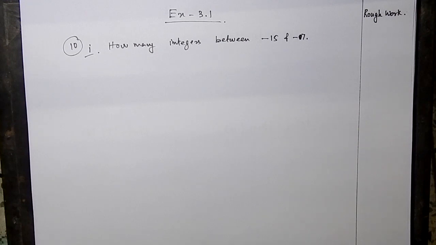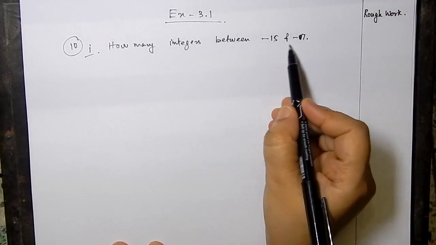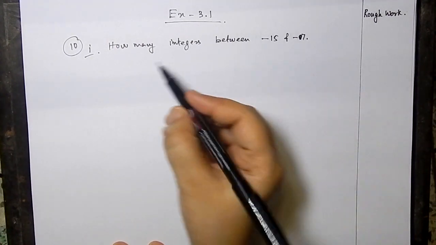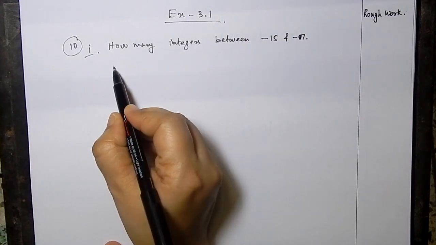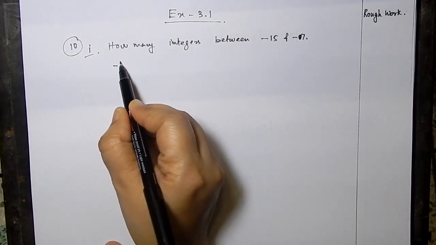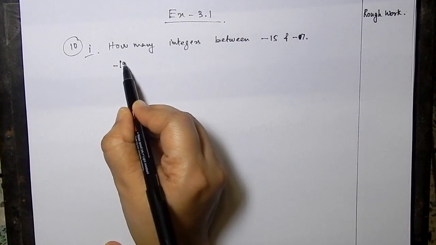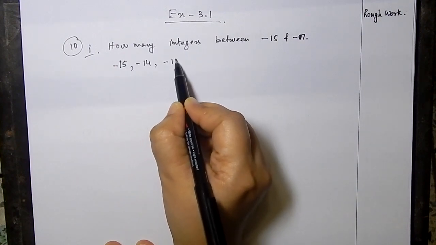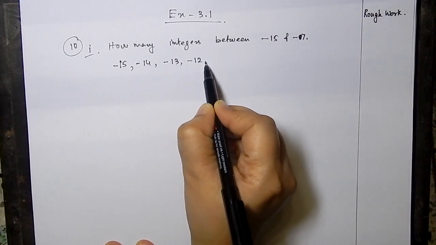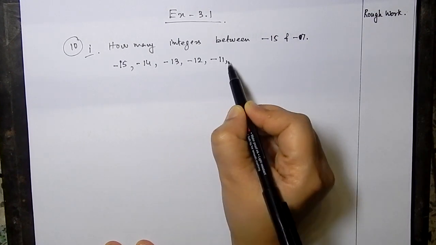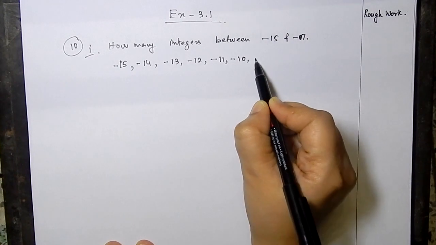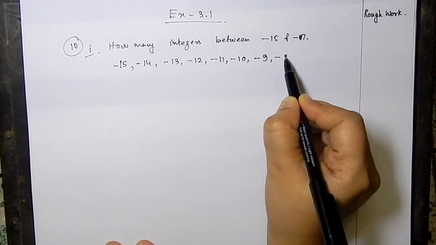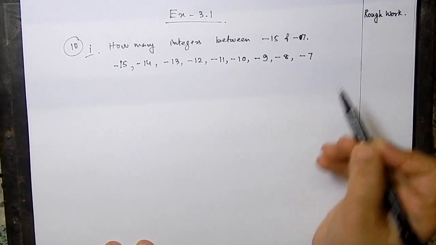Now if you have to do that, you can use a number line to do it, or you can just do it manually. Let's do it manually because the numbers always may not be in the same range. So if we do it manually, -15, -14, -13, -12, -11, -10, -9, -8, -7.